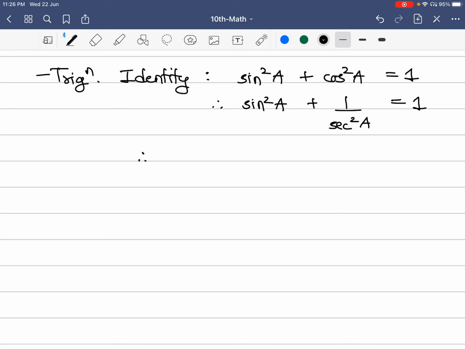Okay, now let's try to solve. So therefore we have very quickly sine square A as equal to 1 minus 1 upon sec square A. Now let's try to solve this.